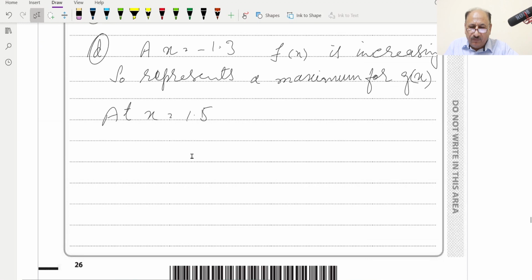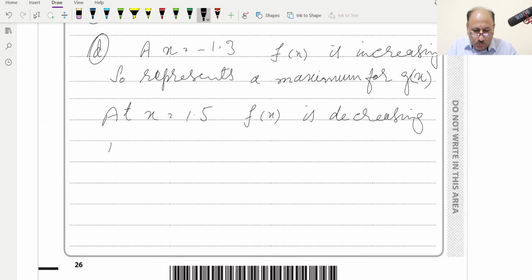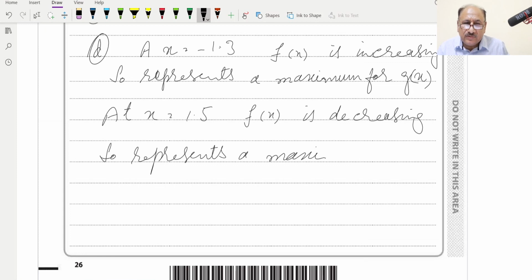Basically, f of x is decreasing, so it represents a minimum. This one will be the minimum, and this one will be the maximum.